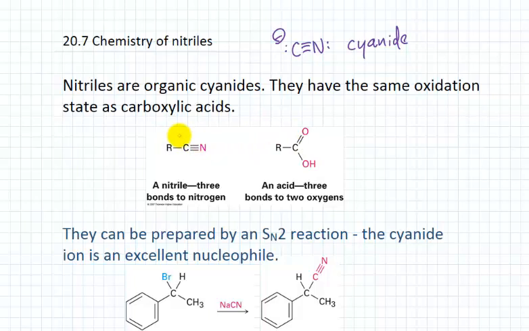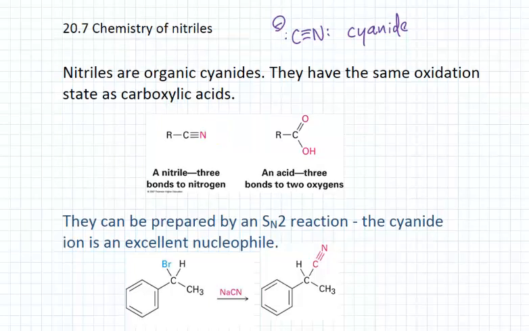There is a pi bond to the carbon in both cases. So there's actually more similarities there than you would think, and that shows itself in similarities in reactivity as well. Maybe not as much with carboxylic acids, but similarities with carbonyl compounds in general.